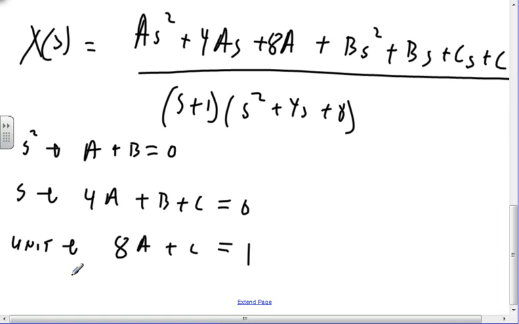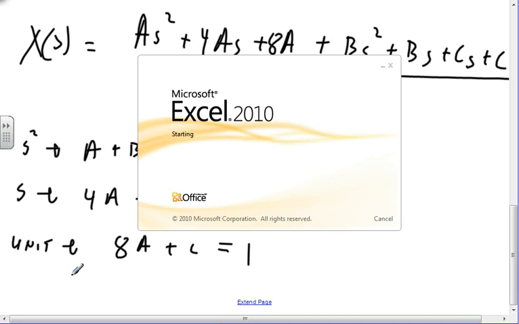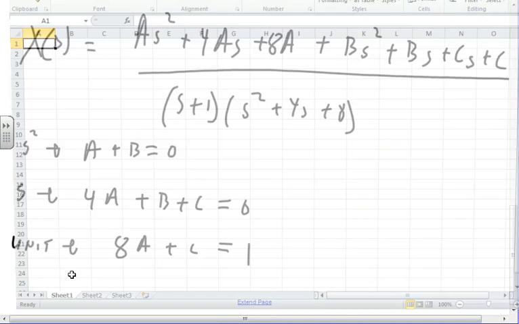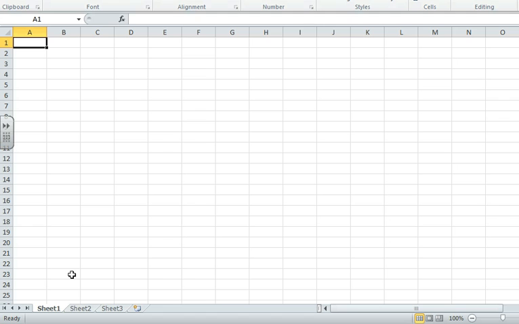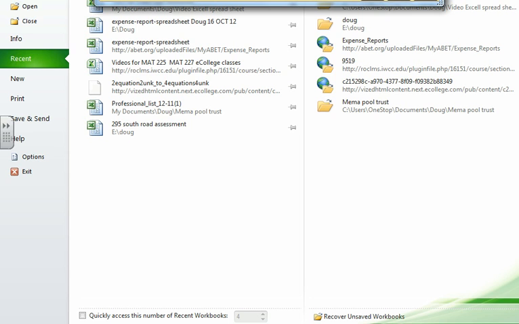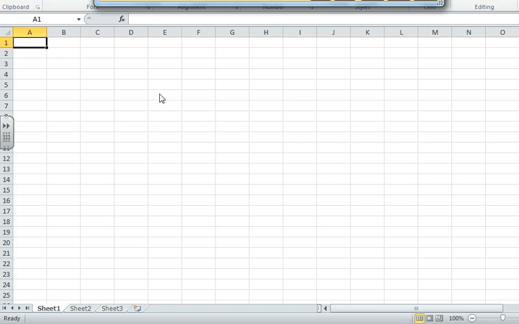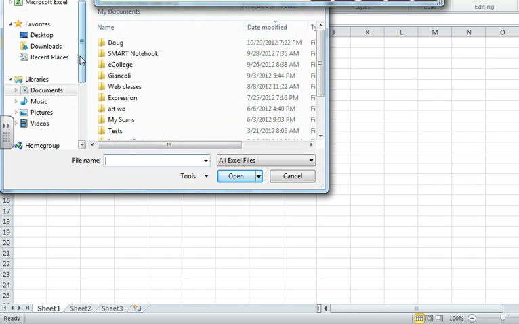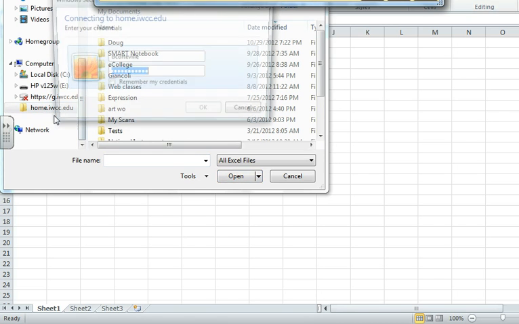Several years ago I made up an Excel spreadsheet that solves simultaneous equations. And with the appropriate bribe, which is a can of Coke Zero, I will put it on the website. I'll probably put it on the website anyway. So we're going to open a file, and it's probably going to be on the U drive.